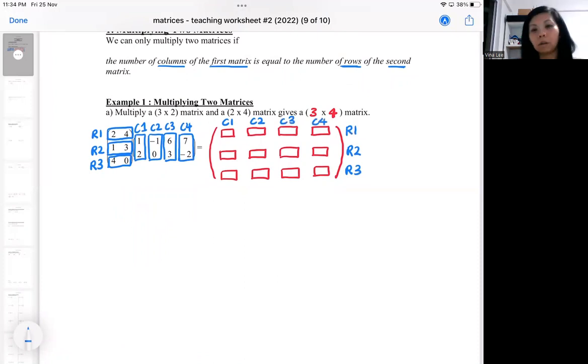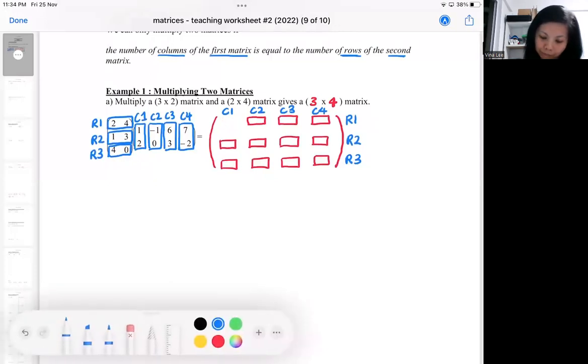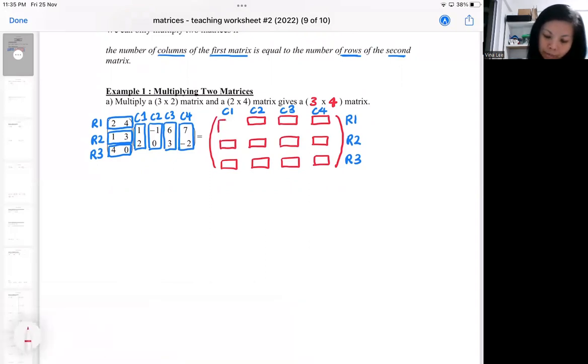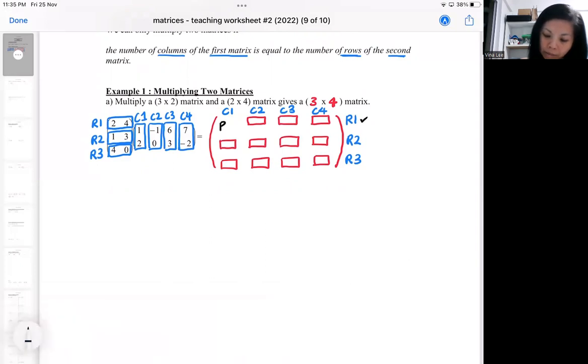So how are you going to multiply? Let's just look at this one first. I should write it this way so that you can see. This one is row 1, column 1. How do you get the number at row 1, column 1?